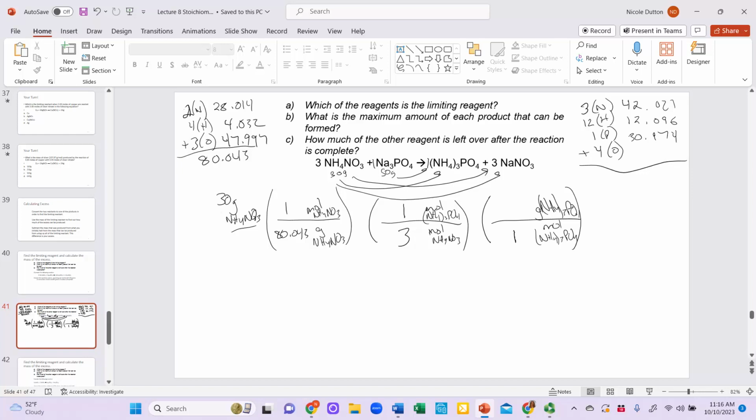Then we have 4 of oxygen, which is 15.999, gives us 63.996. So the total mass here is 149.087.